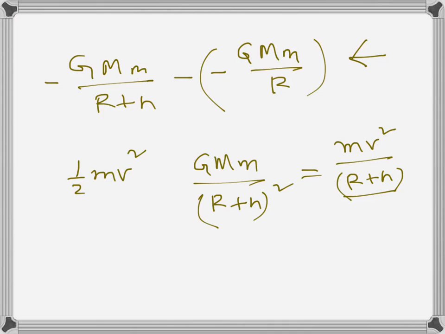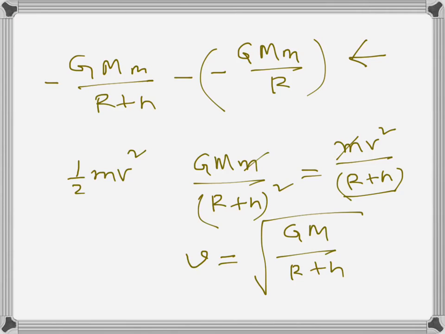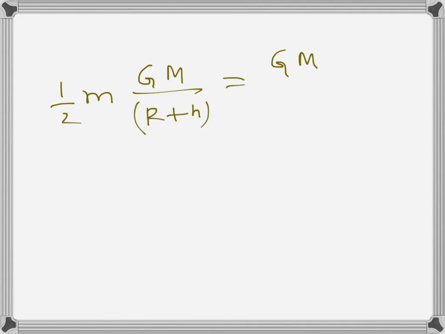So from here we can find the value of v. That will be v equals the square root of GM over R plus H. That is the velocity at any point. So the kinetic energy will be half m times v squared, which is GMm over 2 times R plus H. This is the kinetic energy at the point where it is orbiting around the Earth.